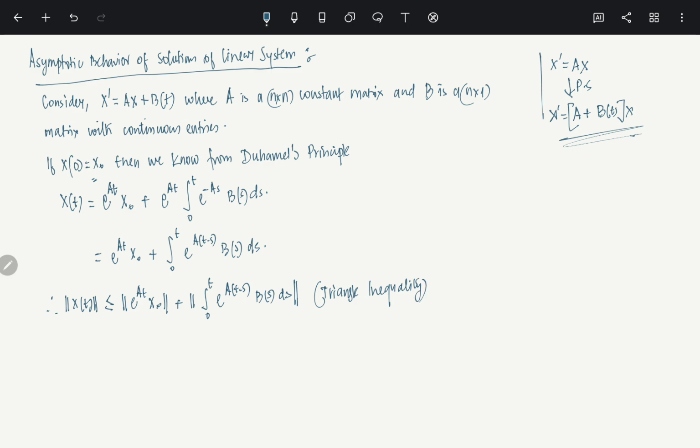Now see this term again. You remember in the first lecture when we talked about the norm of e to the power At, we wrote it as less than or equal to e to the power eta t. For some eta we can just do that. So I am going to use that fact here.